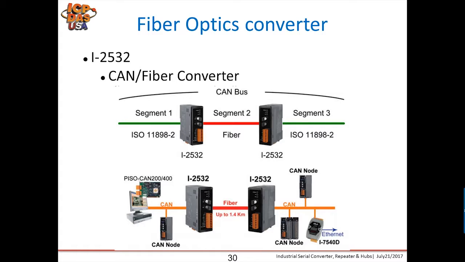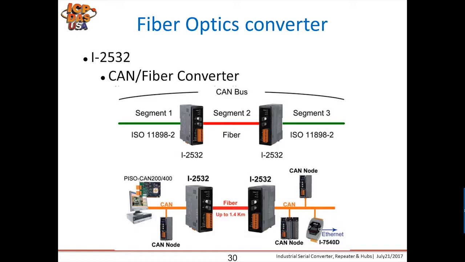CAN bus is very common in industrial application. In order to solve the problem between different transmission medium, I-2532 is specially designed for converting CAN bus signal to fiber optics.